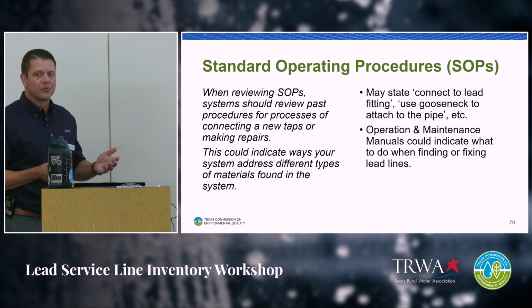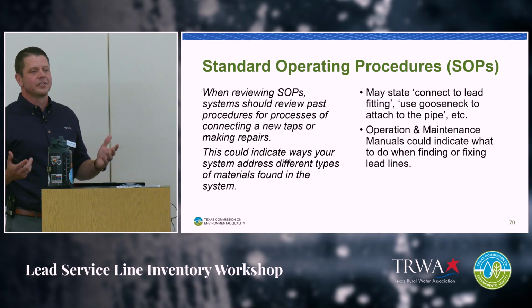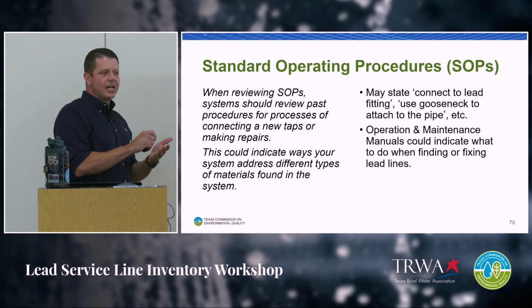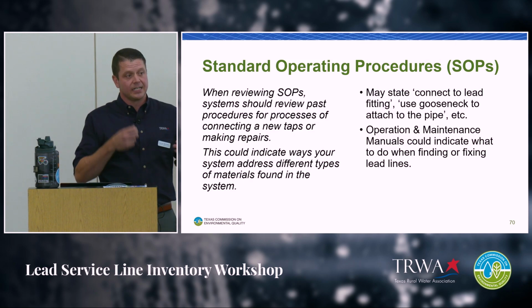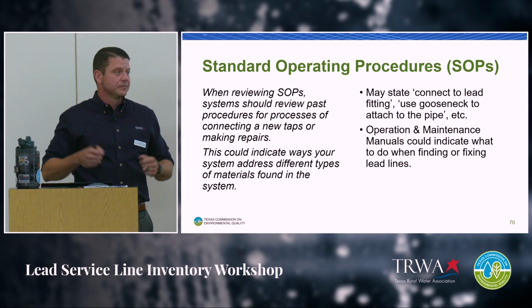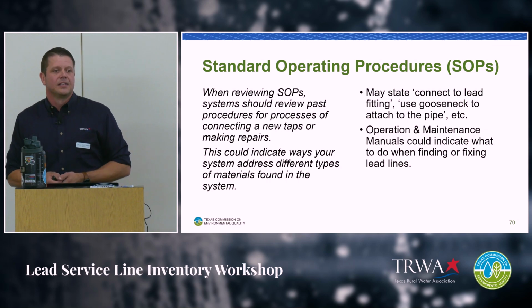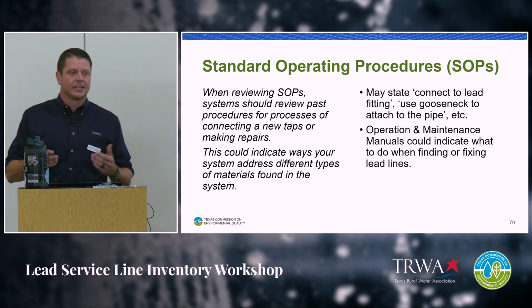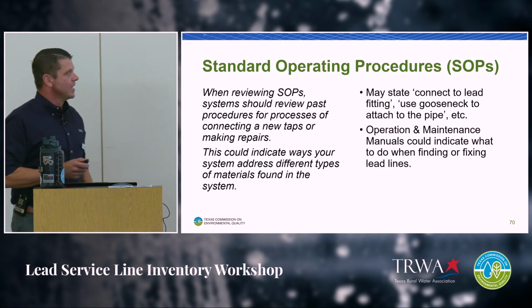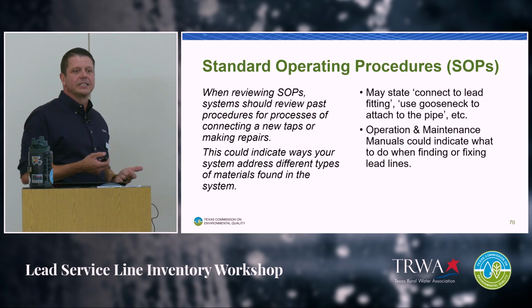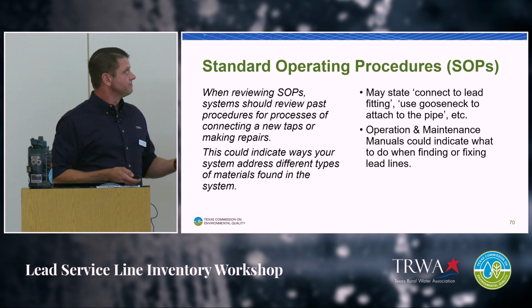Best practices show that any kind of documentation, you have an amendment line at the top or somewhere in the document to say that this has been changed by this person on this date, so you can look at revision dates to see, and you may find an older one that says, in fact, in the SOP that we used this material, this lead line, or this type of fitting. So go back and review to see if you can find anything there. O&M manuals should be basically a collection of all your SOPs, so go back and look in that as well.